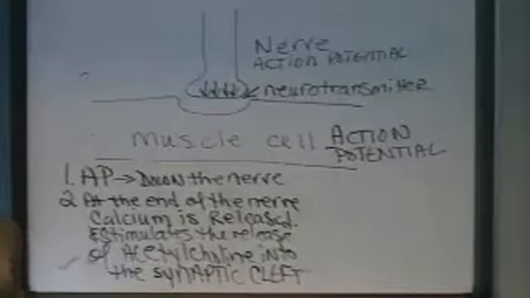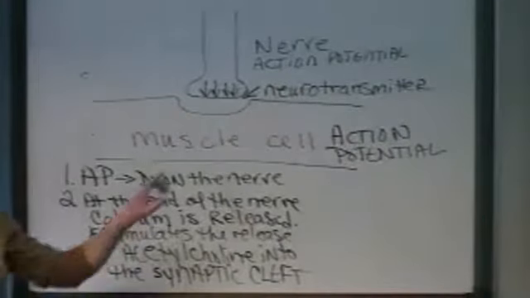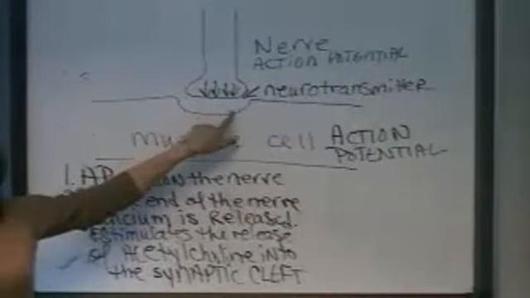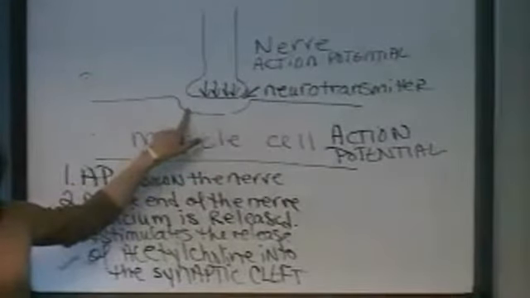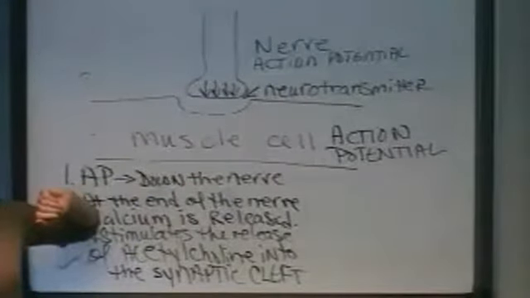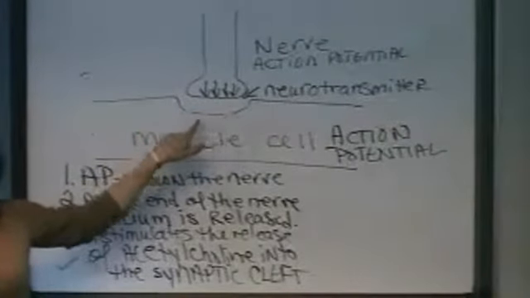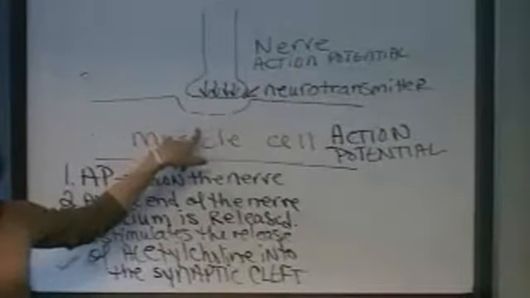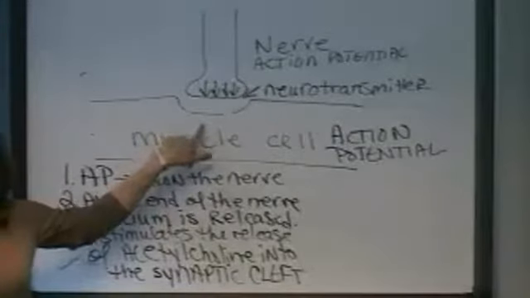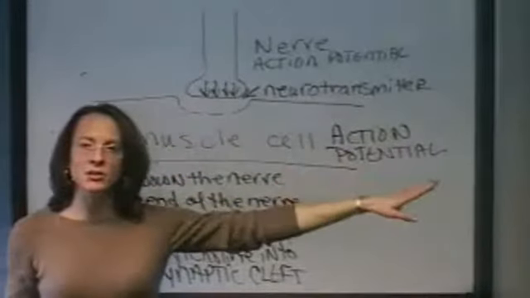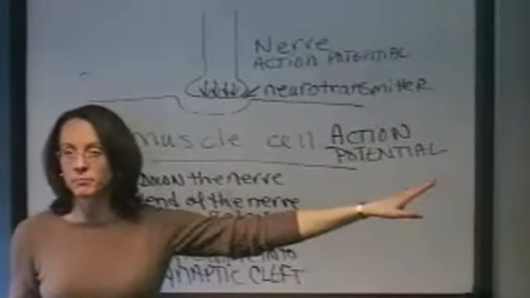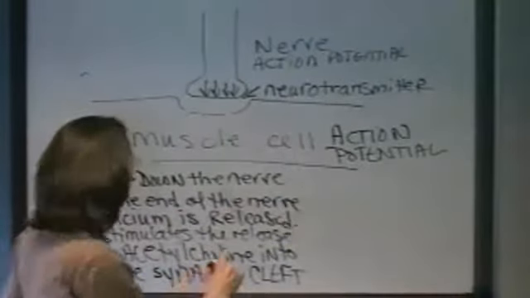That acetylcholine goes into this space and then attaches to receptor sites on this muscle cell. That acetylcholine then stimulates the action potential that goes down that muscle cell.